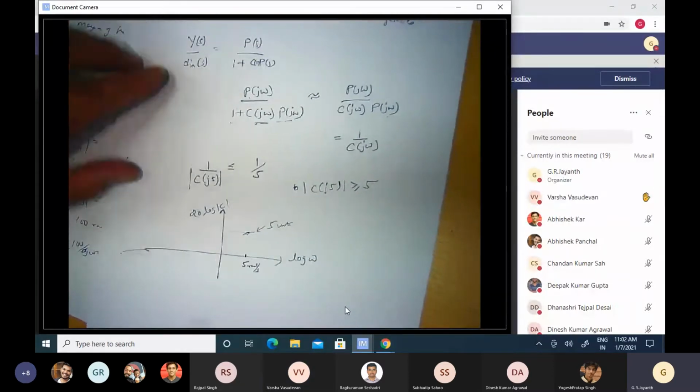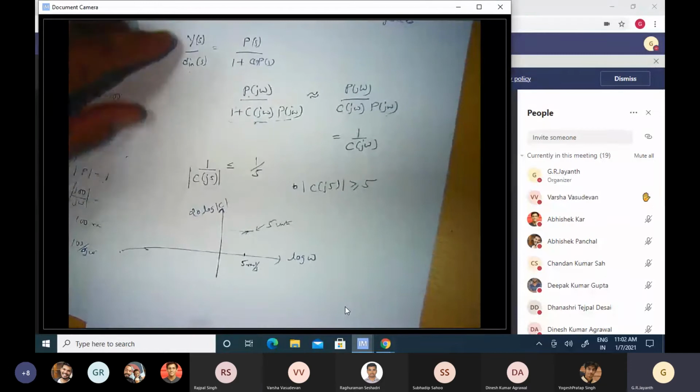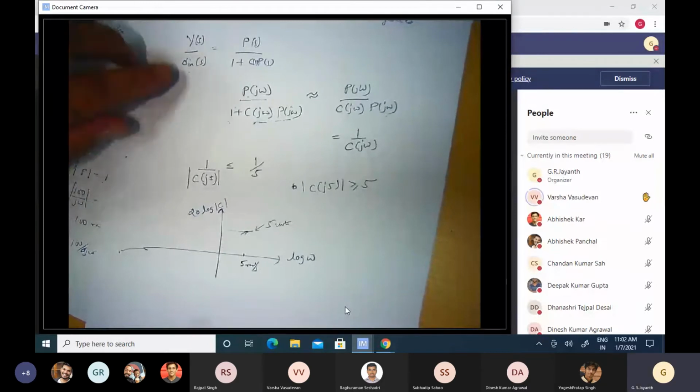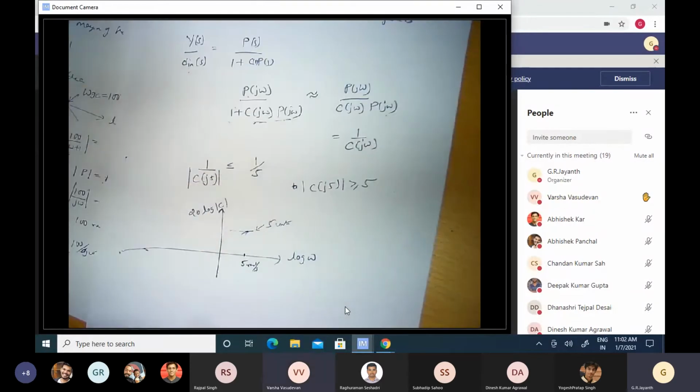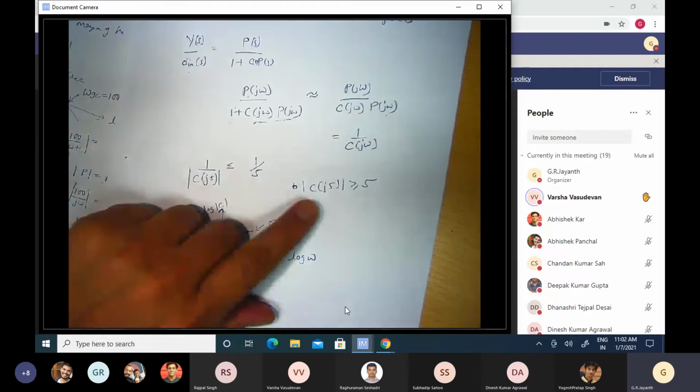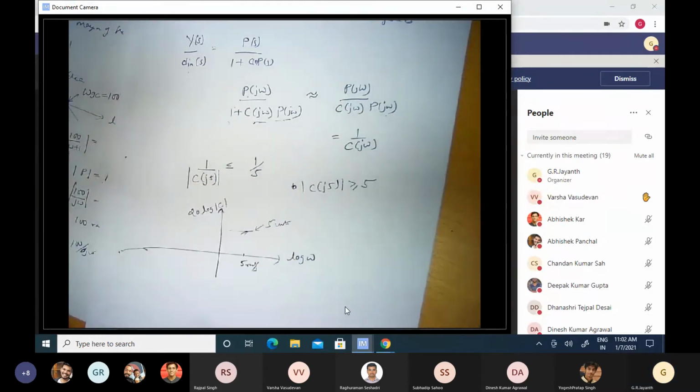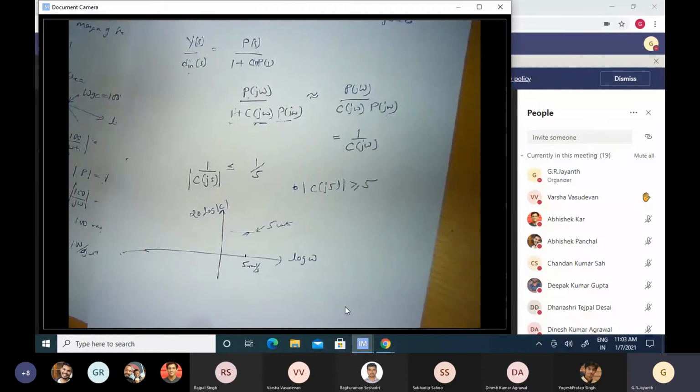So the output by input around that frequency, 5 radians per second, should be less than or equal to 10% or 1 by 10. And that translates to my requirement that the magnitude of C should be greater than or equal to 10. If I wanted 99% rejection, I want the magnitude of C to be greater than or equal to 100, and so on and so forth.